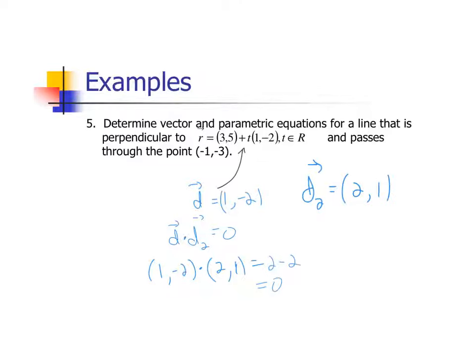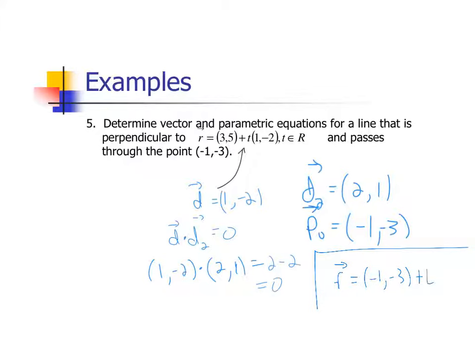Combine that with the fact that our new p0, or our new particular point on the line, is negative 1, negative 3. We can now write our new equation as r is negative 1, negative 3 plus t times 2, 1, where t is any real number. I don't think I've been writing that part, but it is important to write t is any real number. It's a real scalar.